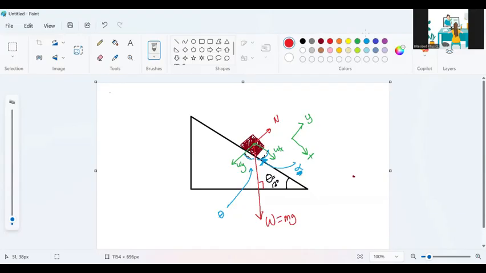So 90 degrees equals alpha plus theta. If we subtract both sides by theta, in this case our theta is 12 degrees, 90 minus 12 is going to equal 78 degrees.